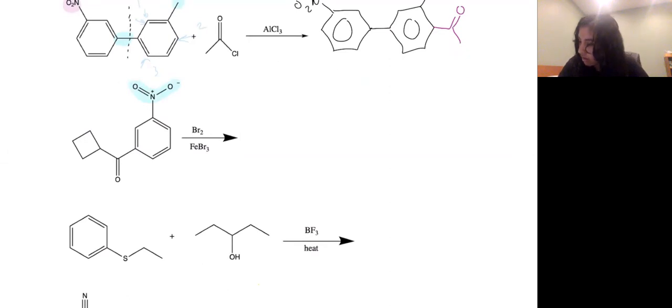It's a meta director, so it's going to direct to this carbon, not this carbon because it's already occupied. And then what about the ketone? Ketone is also meta, so that would also be this carbon. Once again, it conveniently lines up. So there's only one real spot that we're going to add the bromine to.